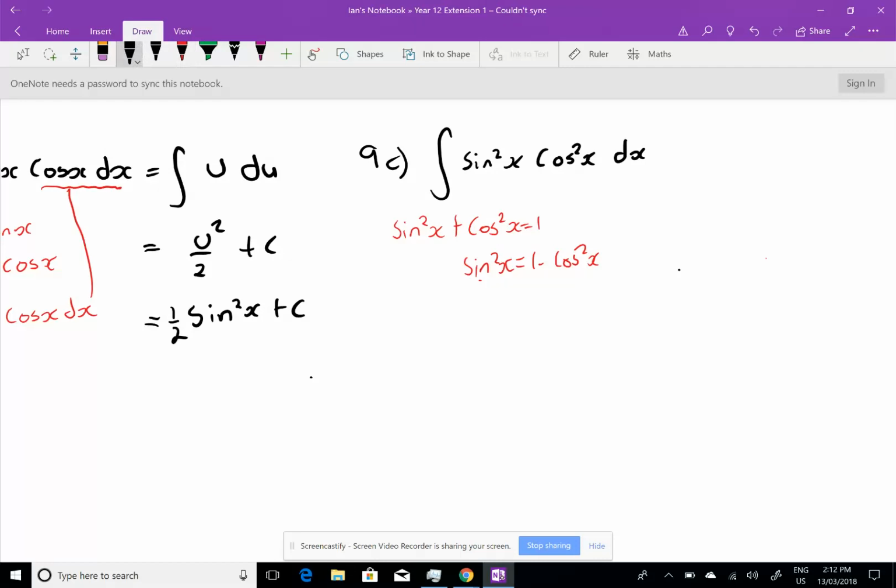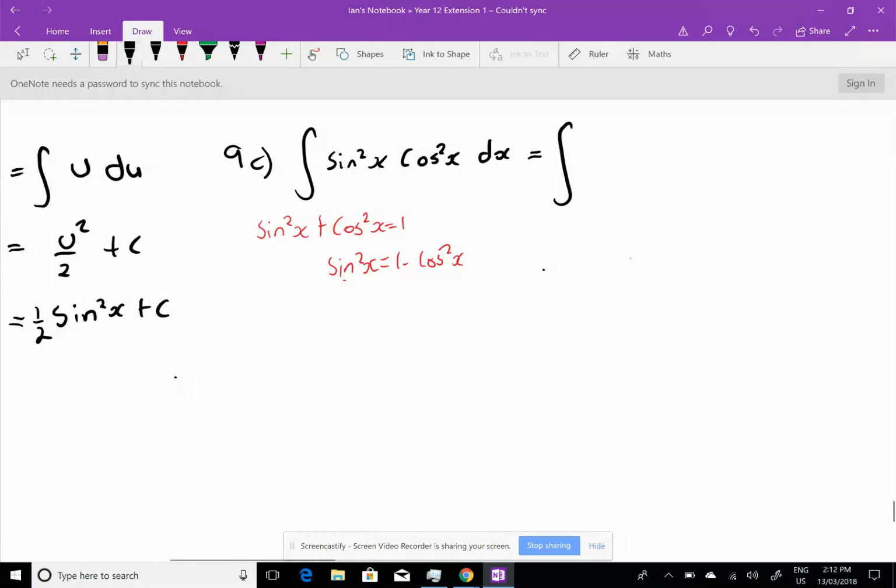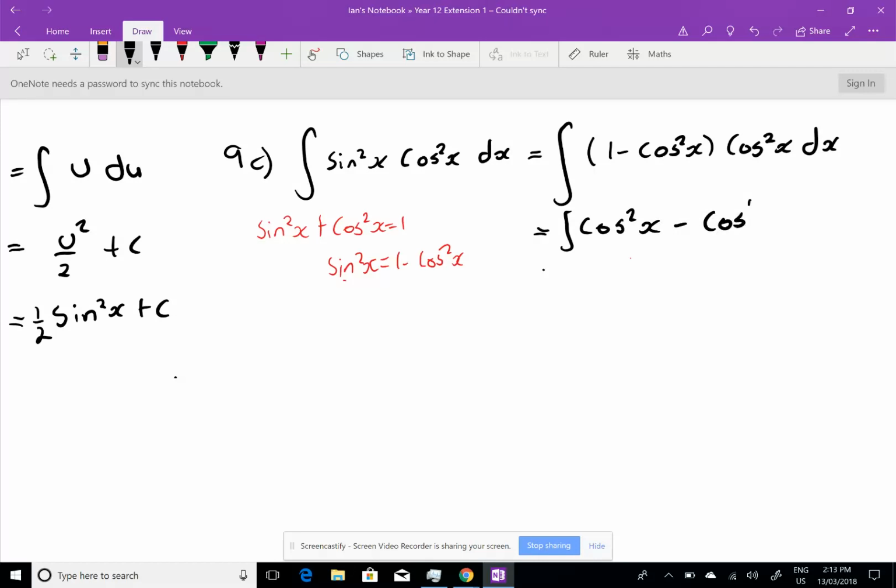So we're going to get the integral. I'm going to write sine squared x as 1 minus cos squared x, and have the cos squared x outside that. And I'm going to expand that, and I'm going to get the integral of cos squared x minus cos to the 4 x dx.